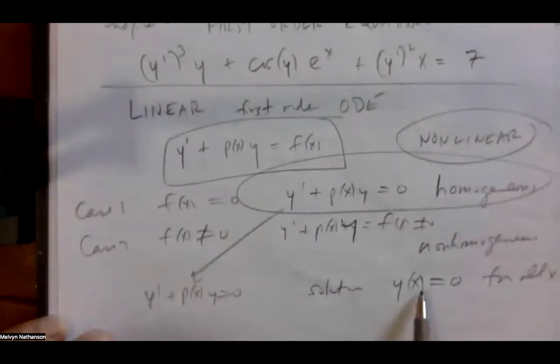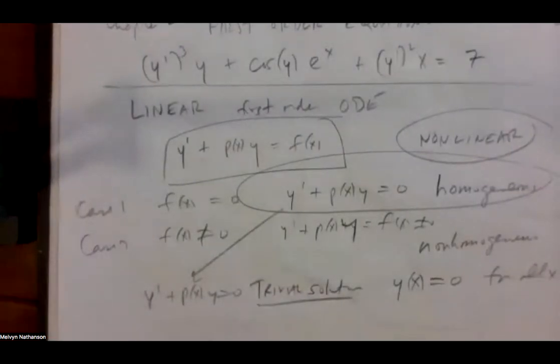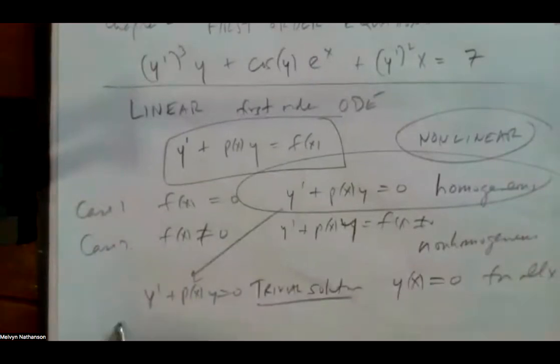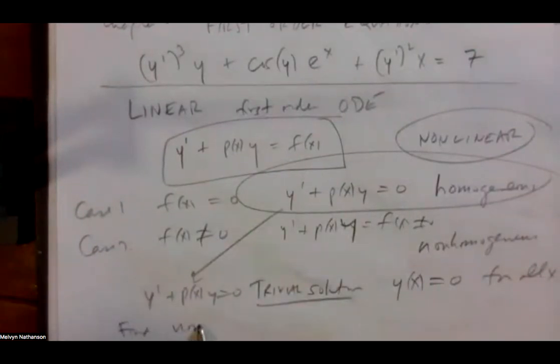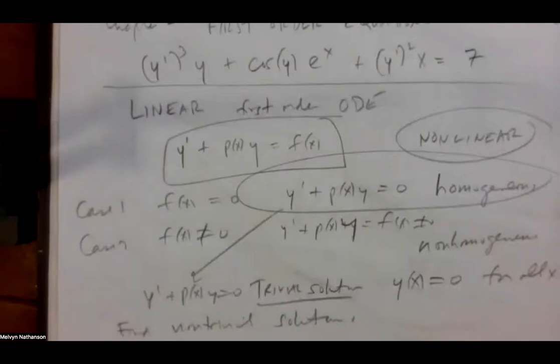Because if you let y equals 0, the derivative is 0, you just get 0 plus 0 equals 0. And this is kind of trivial. And in fact, this is called the trivial solution. And the problem is to find non-trivial solutions. Right? Okay.